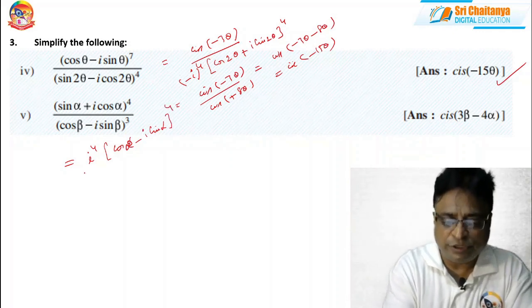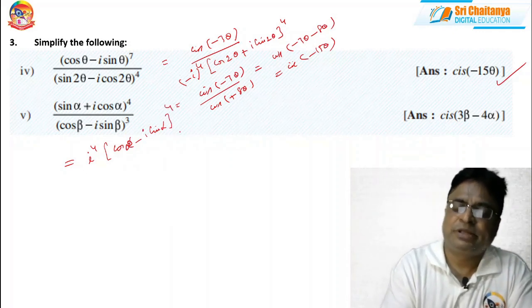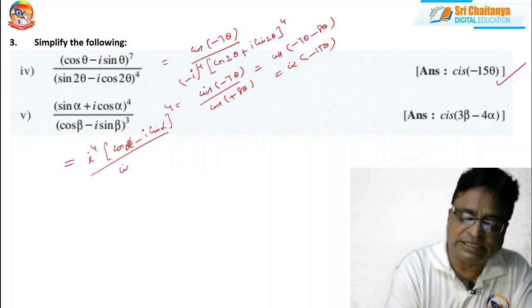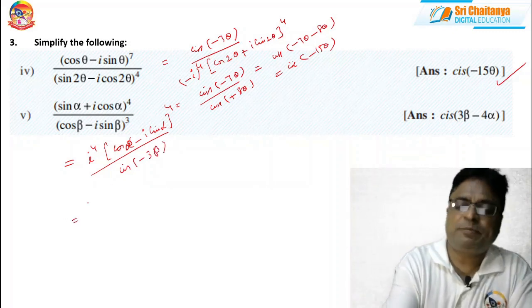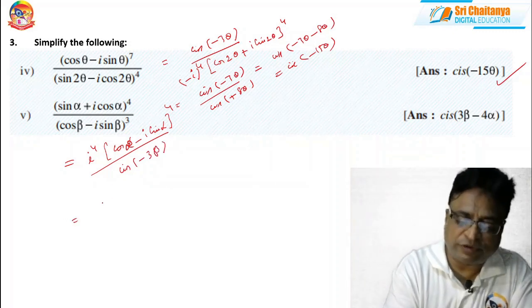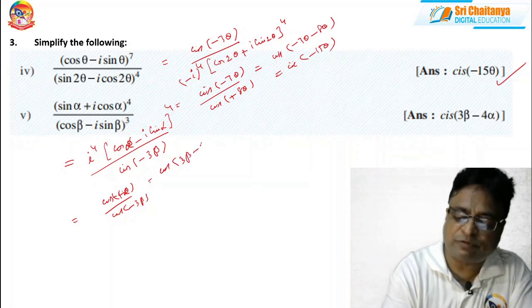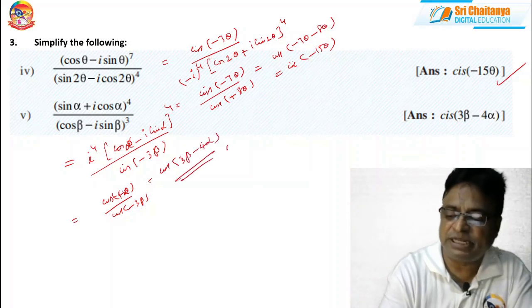If you have a doubt, you can multiply. In the denominator, cos beta plus i sin beta I can write as cis minus 3 beta. As usual, i power 4 is 1. So the numerator is cis minus 4 alpha by cis minus 3 beta, so this I can write as cis 3 beta minus 4 alpha.